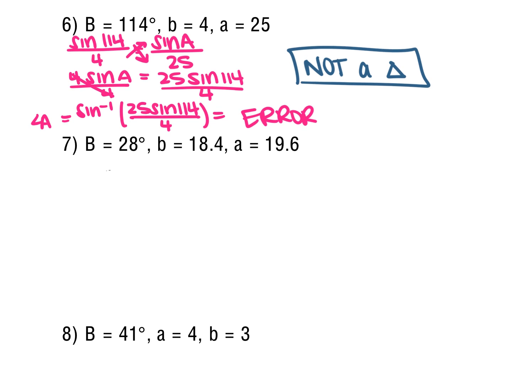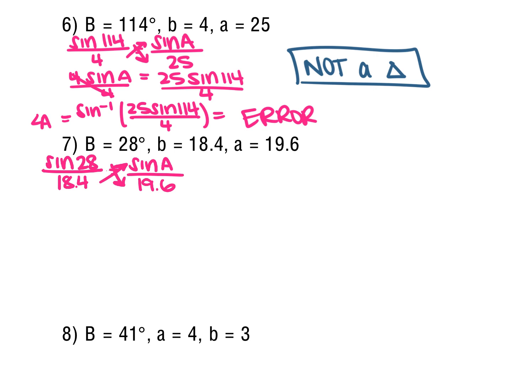If we move to number 7, you have angle B, which is 28 degrees. Side B is 18.4, and side A is 19.6. So we're going to start the same way. So sine 28 over 18.4 is equal to sine A over 19.6.